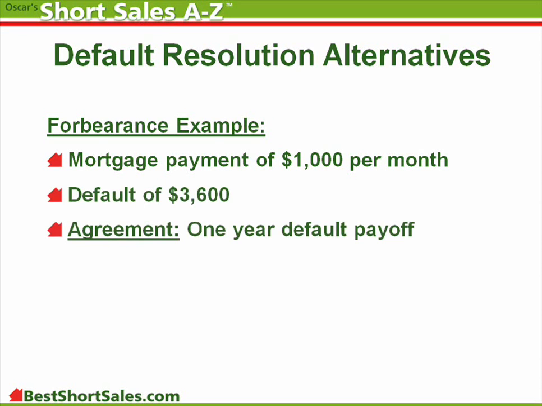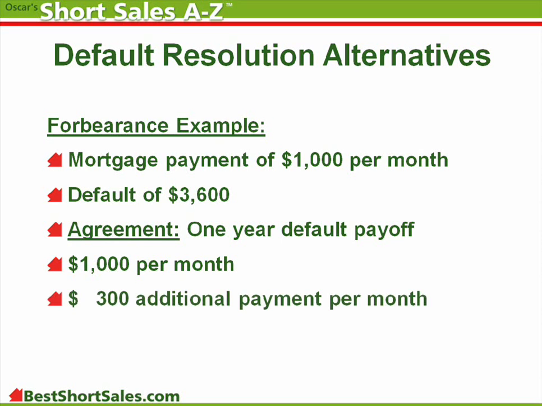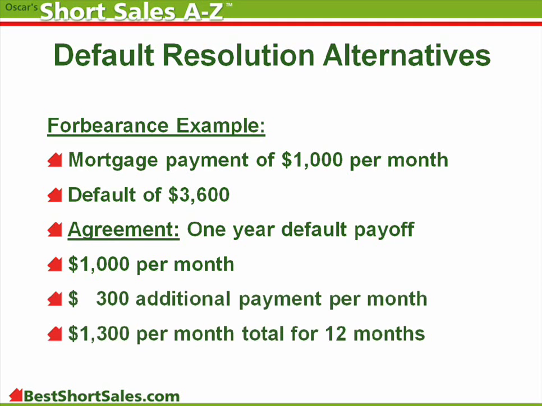The homeowner pays off the default within 1 year. According to this, for the next 12 months, the homeowner will pay the original $1,000 per month plus an additional $300 every month. The new monthly total is $1,300 per month. So after 1 year, the $3,600 default will be paid off. Then payments go back to the regular $1,000 per month.